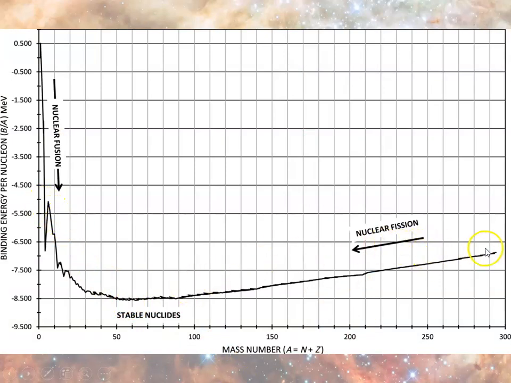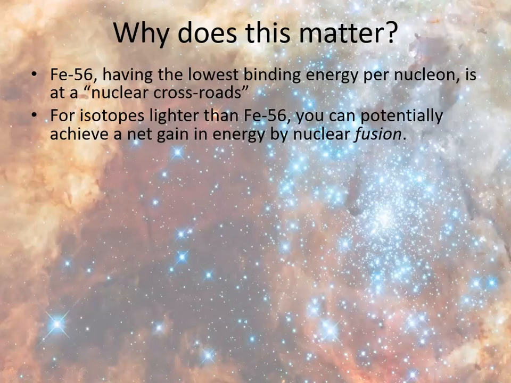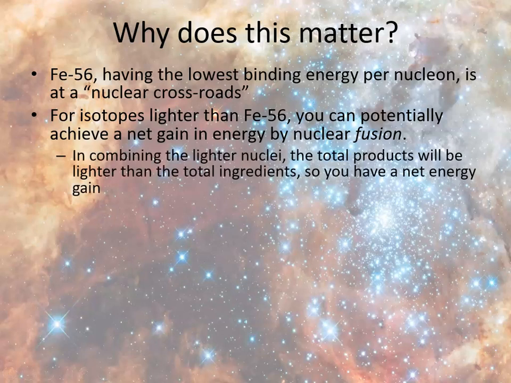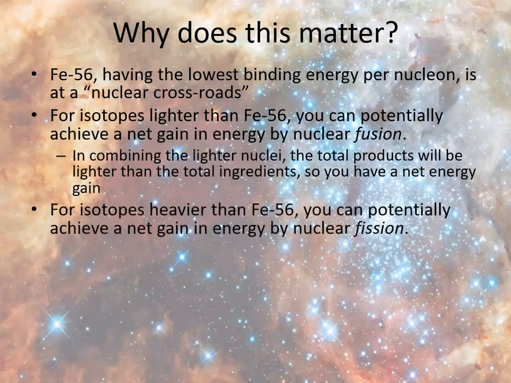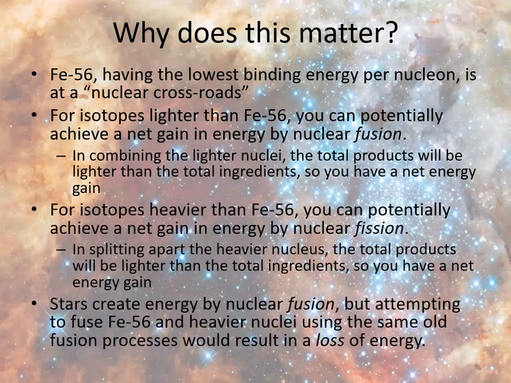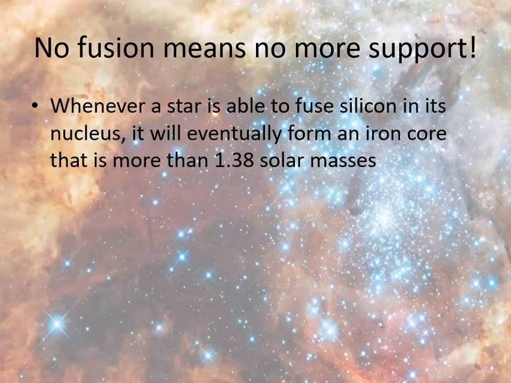If you're to the right of this, you get it by nuclear fission, that is, splitting things apart, like atomic bombs, that sort of thing. But why do we care about building up this mass? Again, who cares if you end up having a net loss in energy? Well, there's a problem.